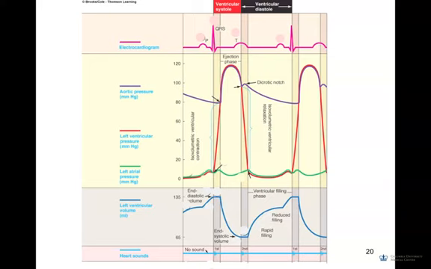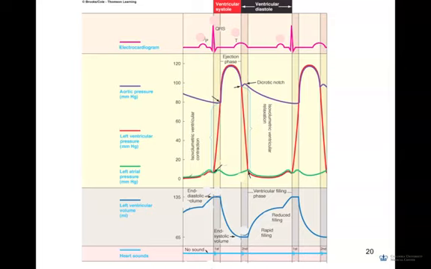It's just happening at a lower range of pressure. The pressures we're looking at here range from 0 to 120. On the right side of the heart, if we were looking at right atrial pressure, right ventricular pressure, and pulmonary artery pressure, we would be looking at the same events, but on a much smaller scale, maybe 0 to 20 or 30 or 40.